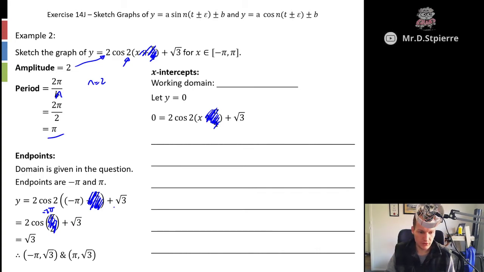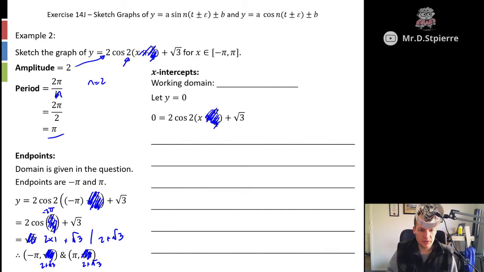What's the horizontal component? That's going to be 1. So we get 2 times 1 plus root 3. So we get 2 plus root 3.